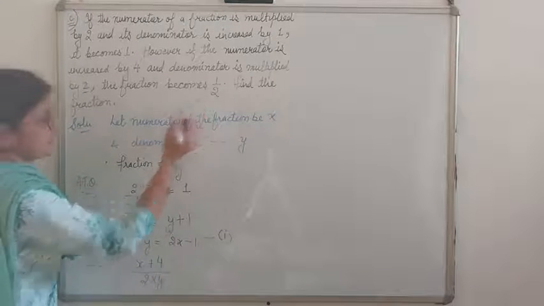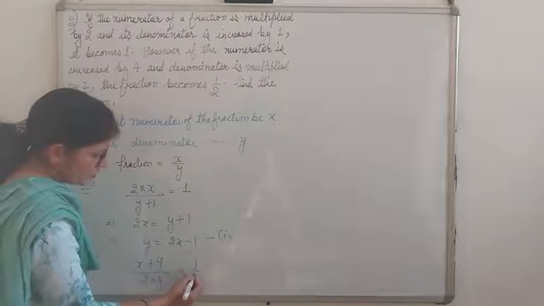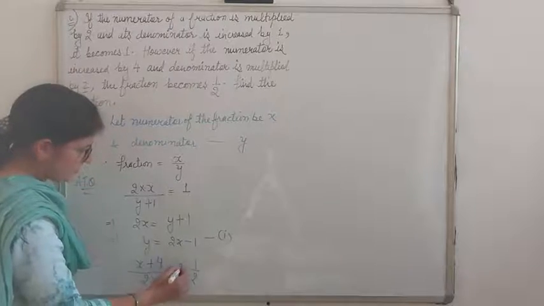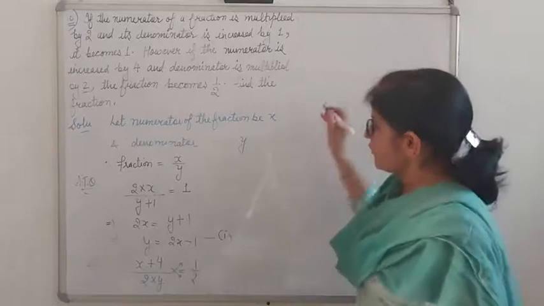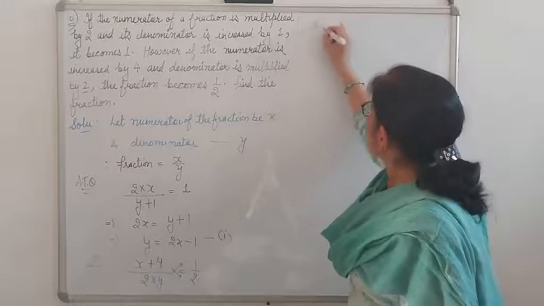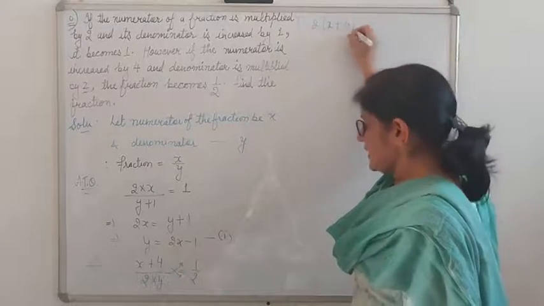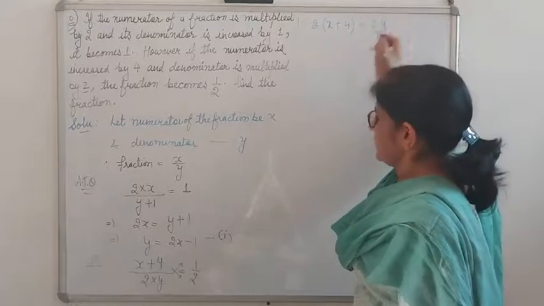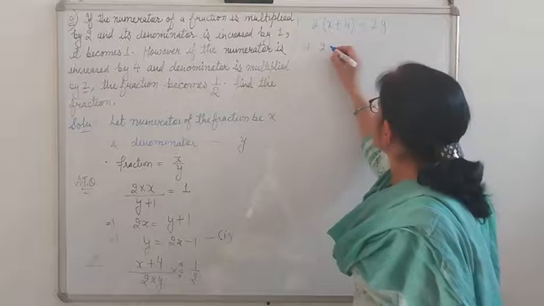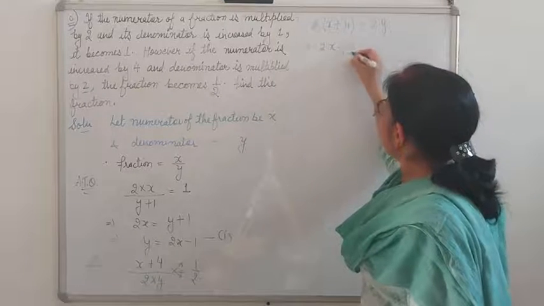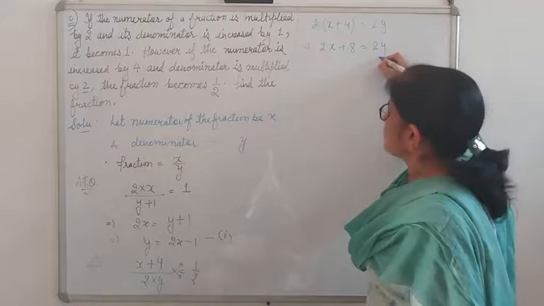Then what does it become? 1 over 2. So cross multiplication: 2 into x plus 4 is equal to 2y. That means 2x, 2 4s are 8, is equal to 2y.